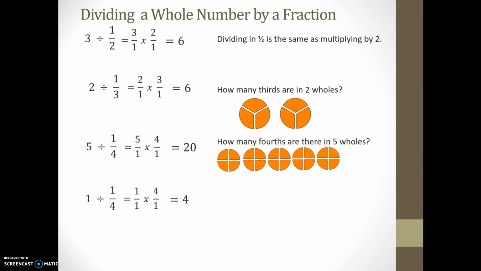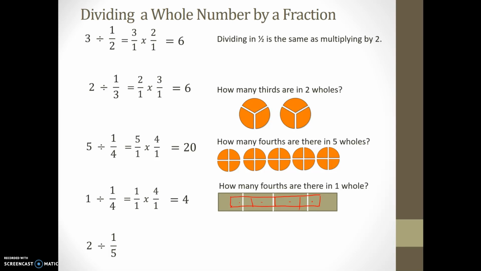So on your sheet of paper you have a box, and what I want you to do is split that into fourths and then answer the question, how many fourths are there in one whole? And you should come up with 4, right? Here's a fourth, here's a fourth, here's a fourth, here's a fourth. How many are there? There are 4 in one whole.